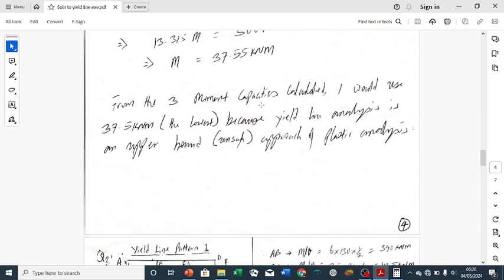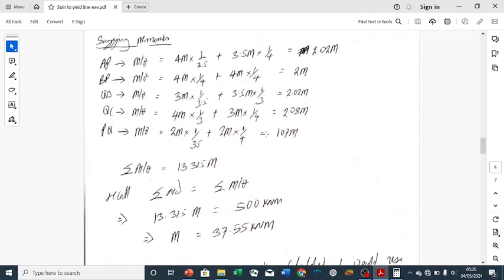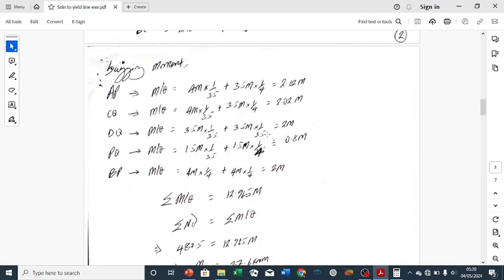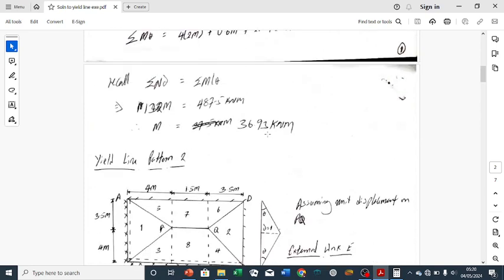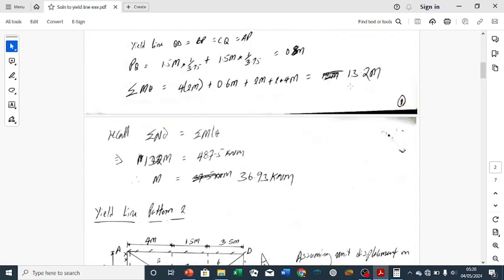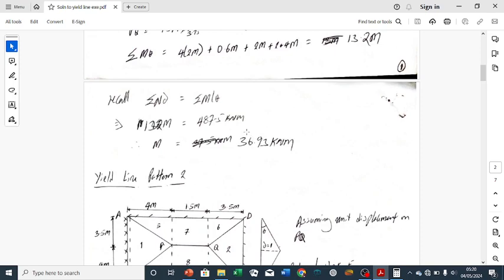He said from the 3 moment capacities, I will choose 37.5, the lowest. 37.5, is that really the lowest? The lowest is actually 36.93, in which if you do the correction of making this place 14, I think it will be lower. You'll be having 34 point something. So this is actually the lowest.